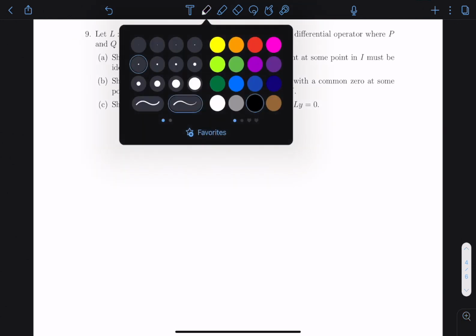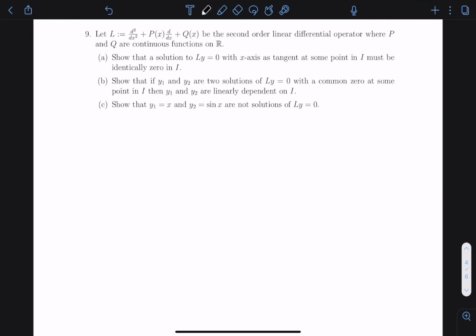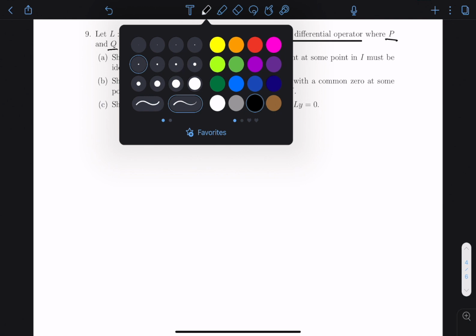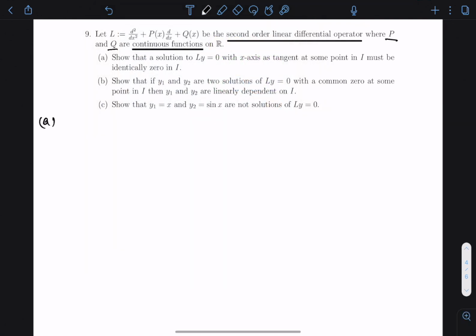Okay, what is problem number 9? What is given is a second order linear differential operator, and the coefficients p and q are continuous functions on R. What we need to show, first in part A, is that a solution to this second order linear homogeneous problem, with the x-axis as tangent at some point, must be identically 0.